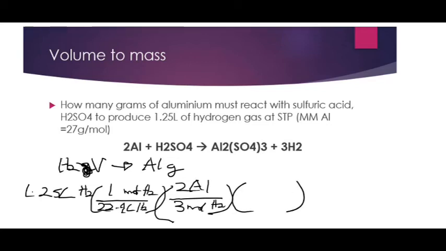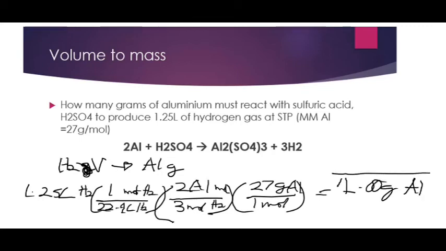Times, what is the molar mass of aluminum? 27 grams of aluminum divided by 4. So the final answer would be 1.00 gram of aluminum. And that would be our final answer.